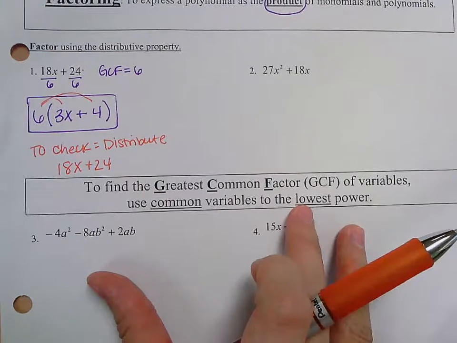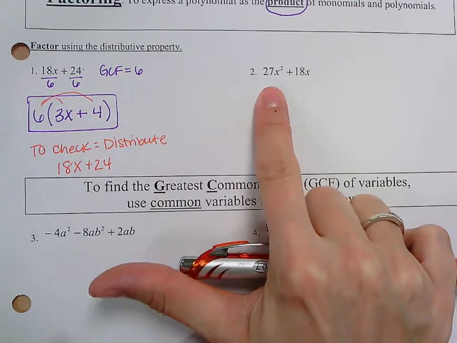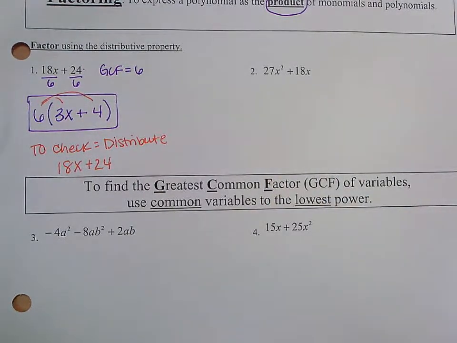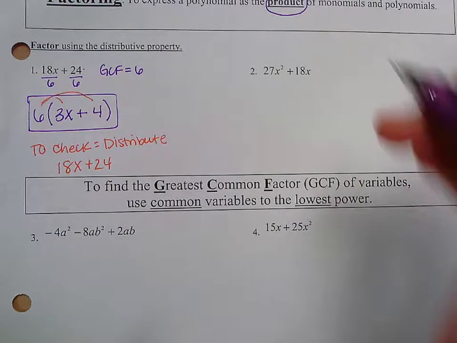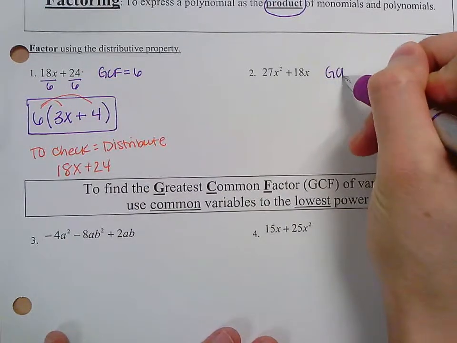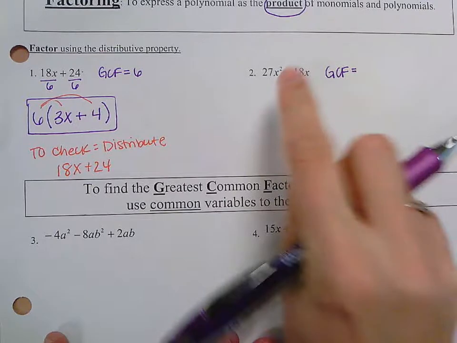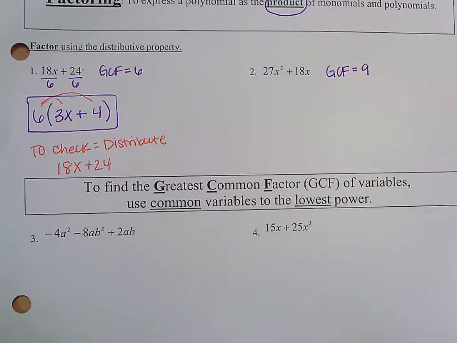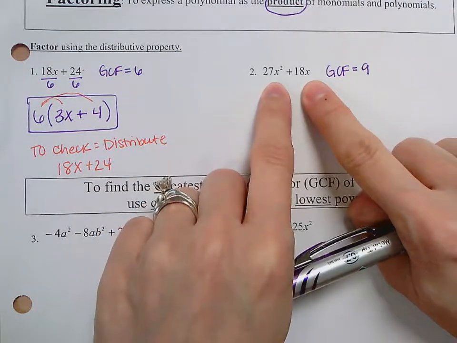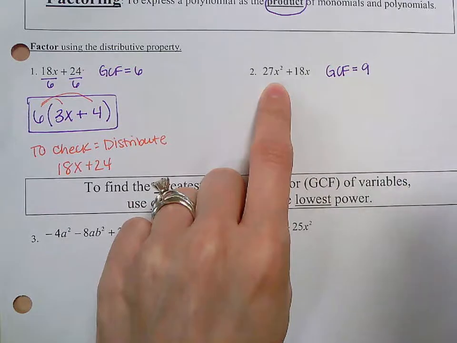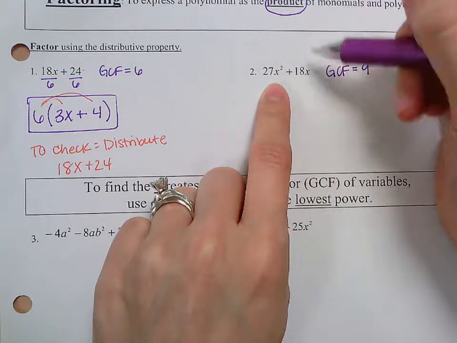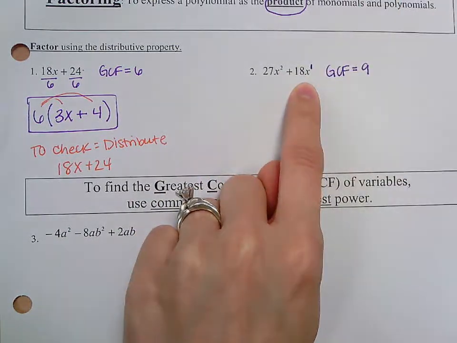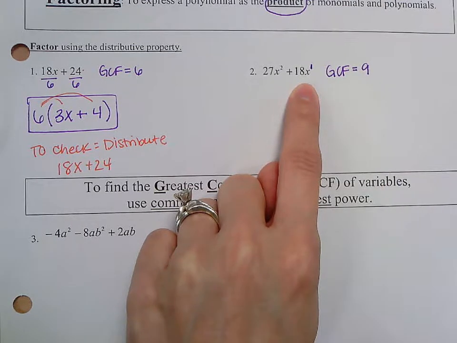Okay, so let's look at number 2. I have 27x squared and I have 18x. Okay, so 27 and 18 have 9 as a factor, the greatest common factor. This one is a little different though because notice both terms do have an x. The first term has an x squared. The second term has just an x, which is x to the first.